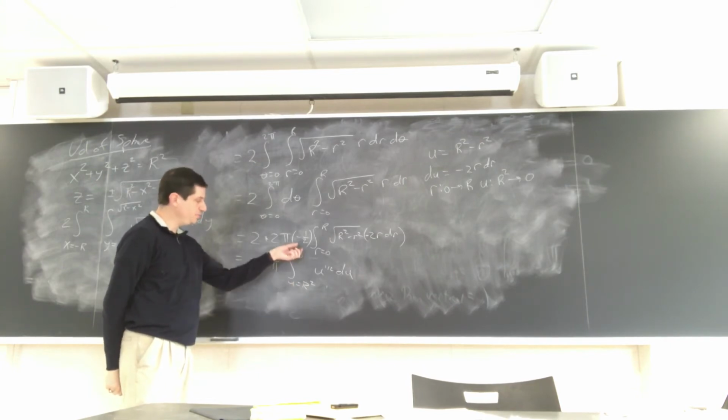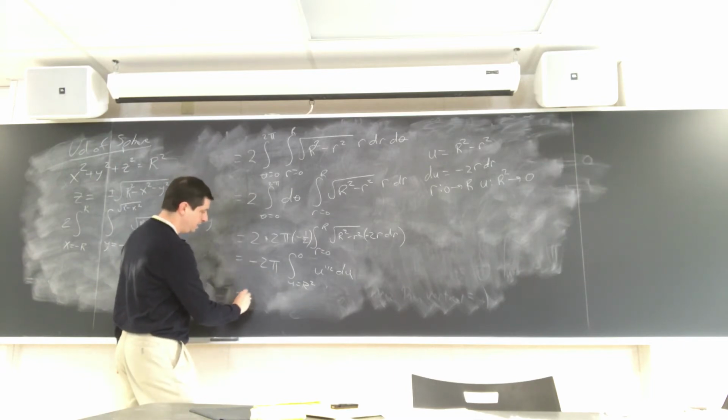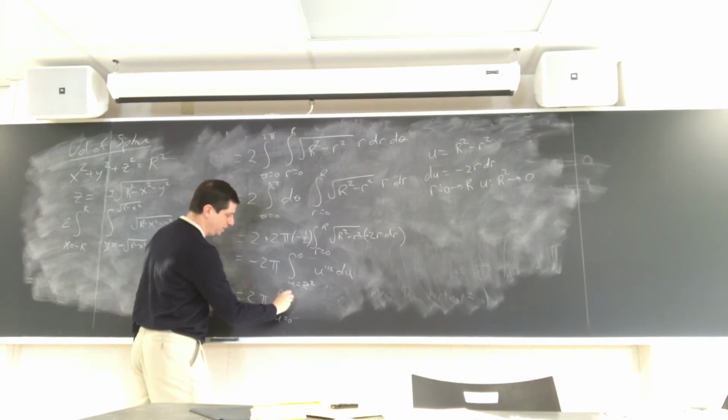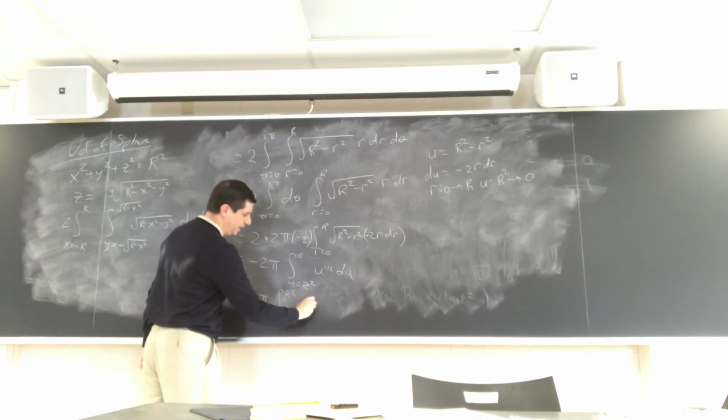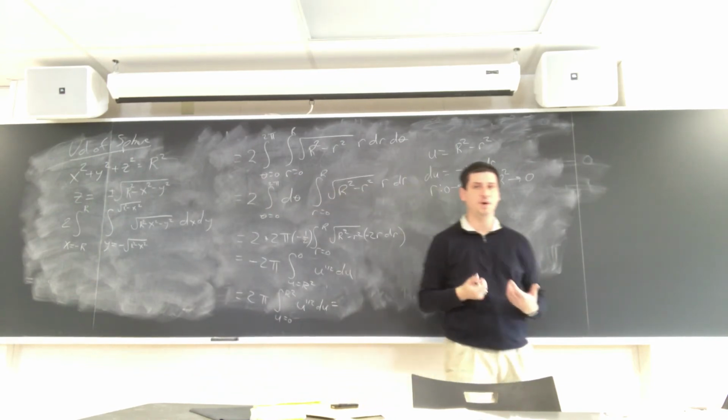But if I switch the order of integration, that costs me a minus sign. So this is the same as 2 pi integral u goes from 0 to R squared of u to the 1/2 du. For a problem like this, you should be able to find minus sign errors.